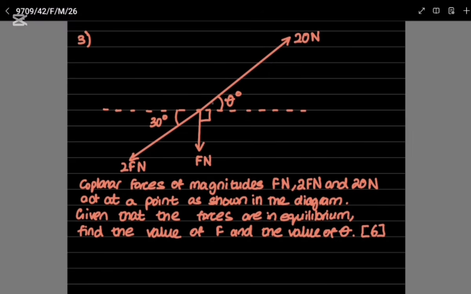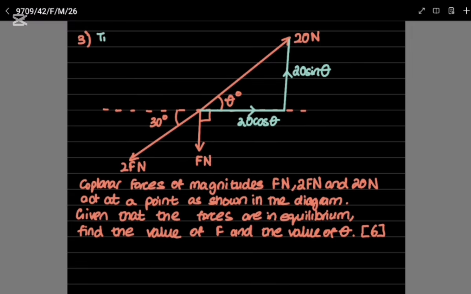First of all, let's resolve the 20 Newton force. Now this is going to be 20 cos theta and this is going to be 20 sine theta. These are basic stuff, you should know this. Let me write a note.